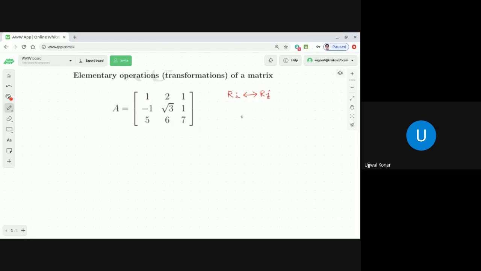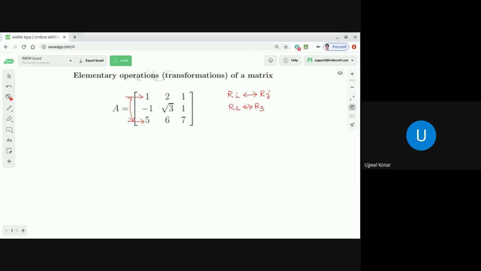So, for example, if we interchange R1 and R3, the first row will become the third row, and the third row will become the first row, as if these 2 rows are getting interchanged. That is the first elementary operation.